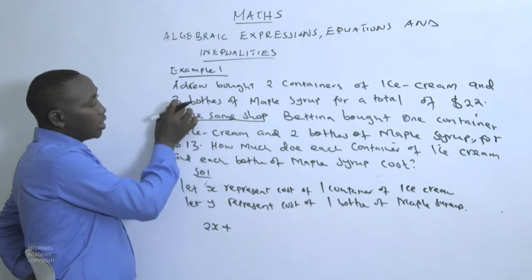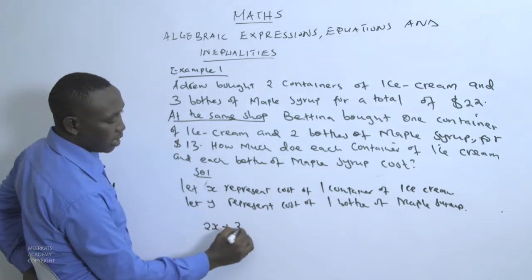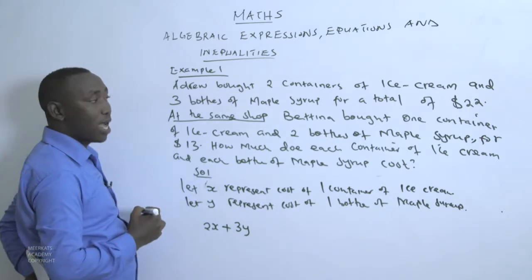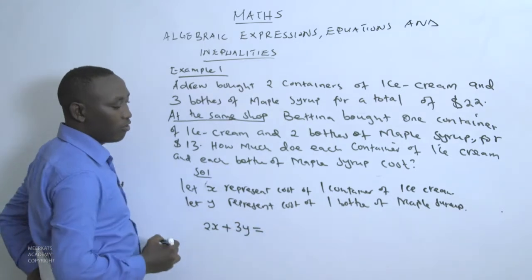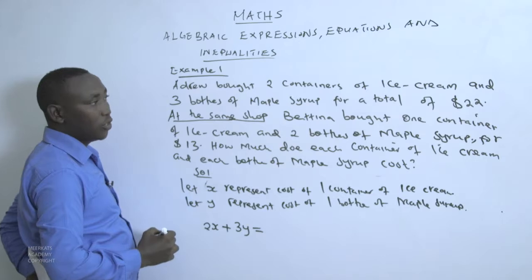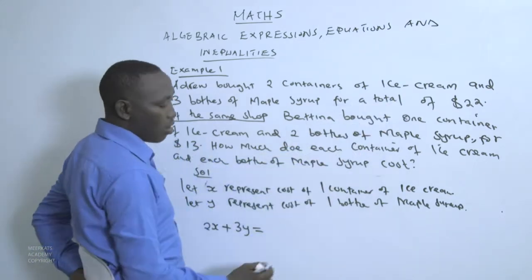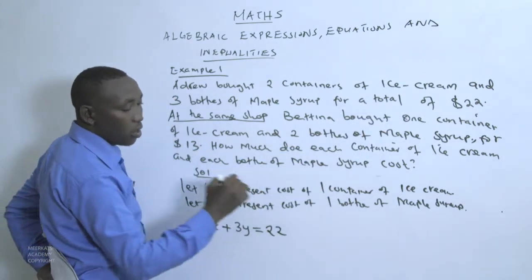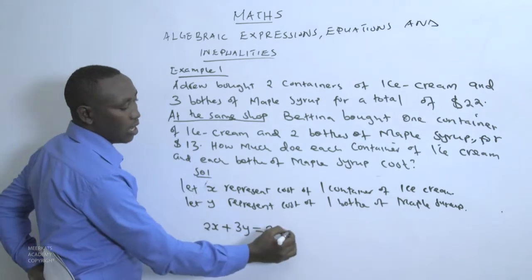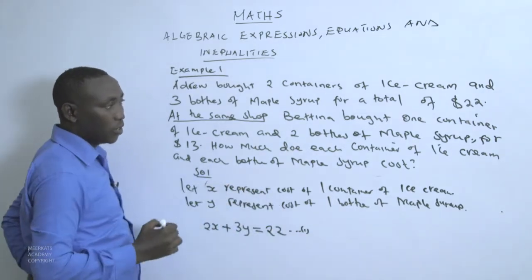So if he bought 3 bottles, that means he spent 3y. Now the total amount of money spent in that shop was $22. So this one will be our first equation.